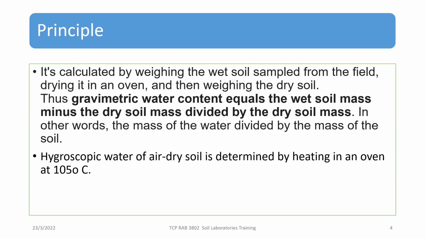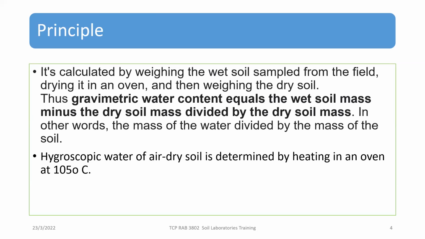The principle behind calculation of soil moisture content is a very simple and straightforward methodology: the gravimetric water content is determined by drying wet soil in an oven at a temperature of 105.